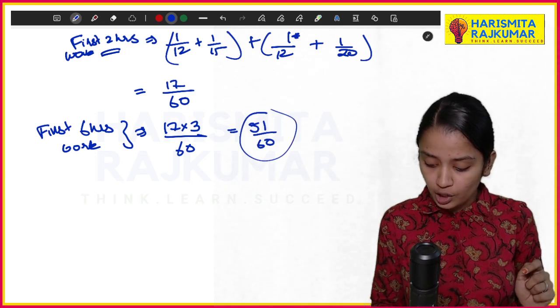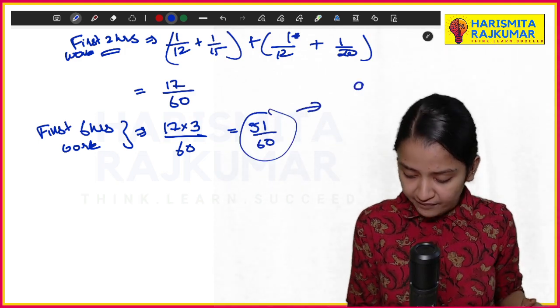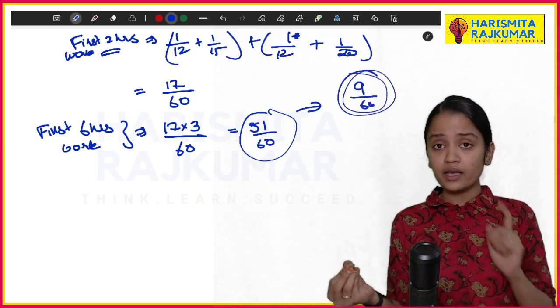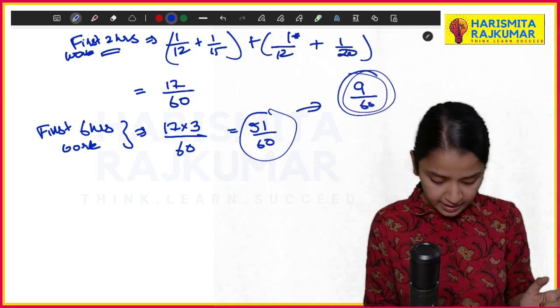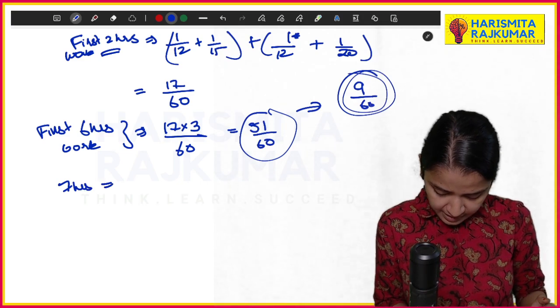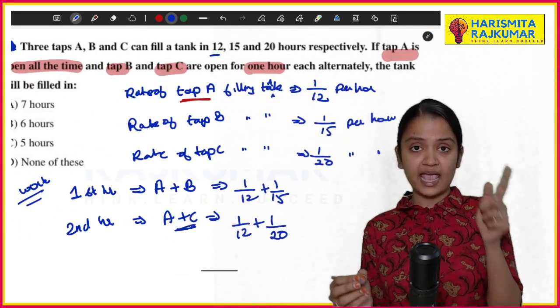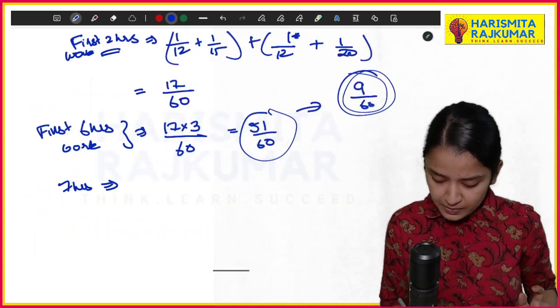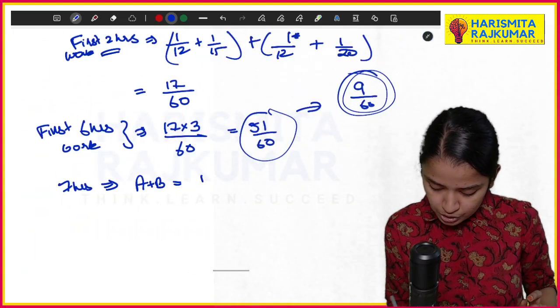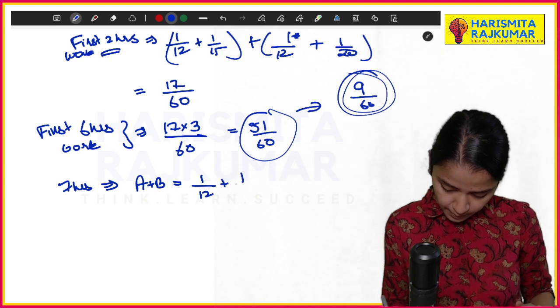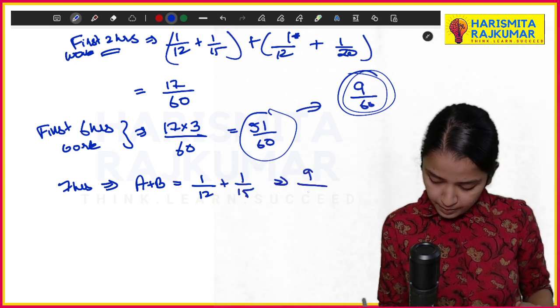To fill the tank, the remaining will be 9 by 60. Let us say the 7th hour. The first 2 hours end with A plus C, so the 7th hour will start with A plus B, which is 1 by 12 plus 1 by 15, which is 9 by 60.